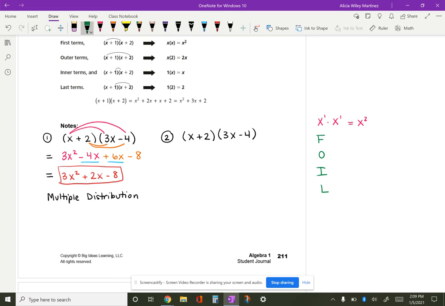So F, I should say, is the idea of multiplying the first terms together. So the first terms of each of the binomials, which would be the x and the 3x. So we know that x times 3x is 3x squared from when we did the problem before. So that is the F.